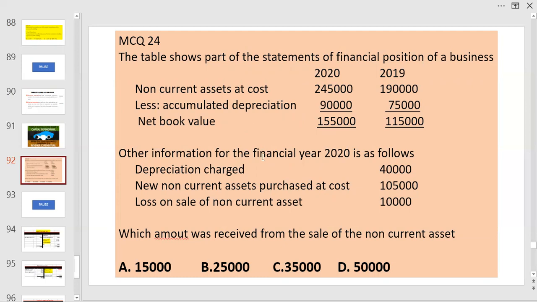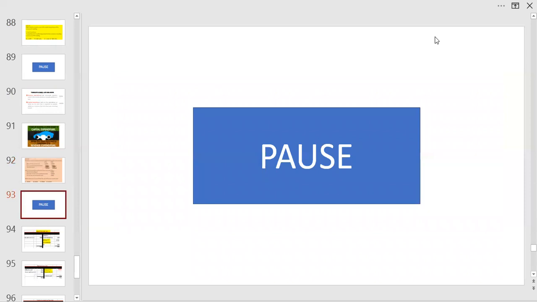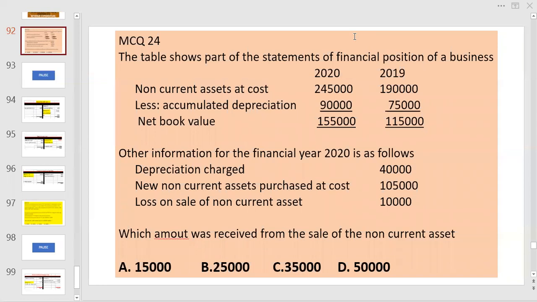Other information for the financial year is as follows. Depreciation charge 40,000. New non-current assets purchased at cost is 105,000. Loss on sale of non-current asset is 10,000. Students may try this question. By perusing the question, the students would have now realized this is talking about a disposal of a non-current asset.